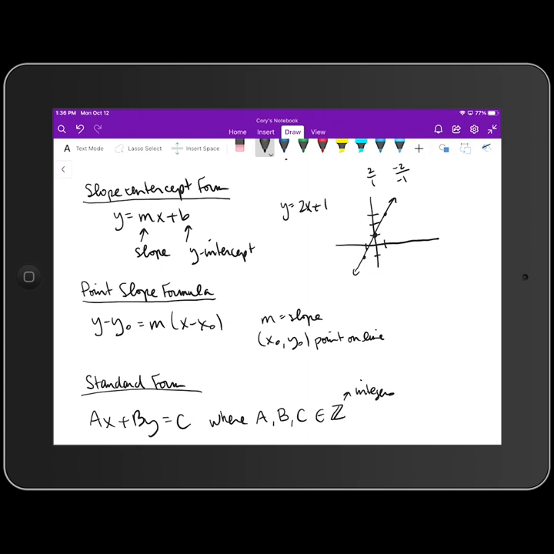So if we know the slope of our graph and a point that our graph passes through, a lot of times we're going to plug that information into the point slope formula.